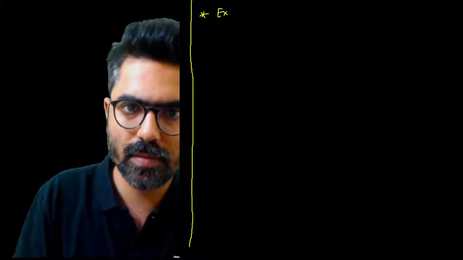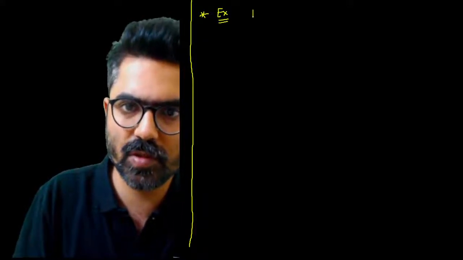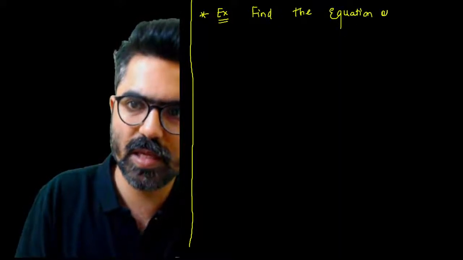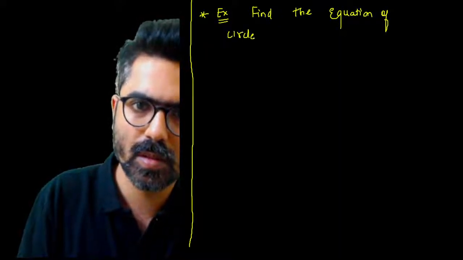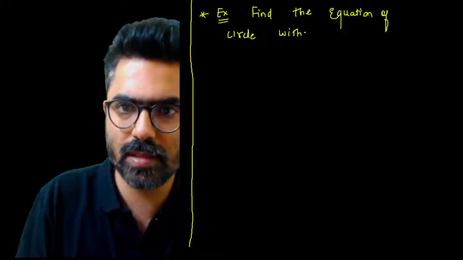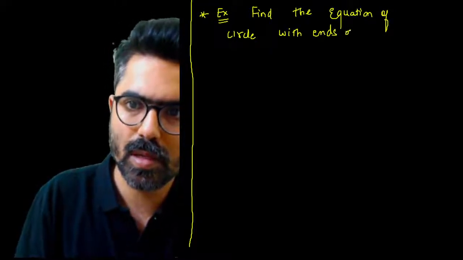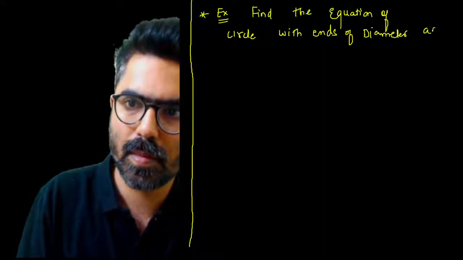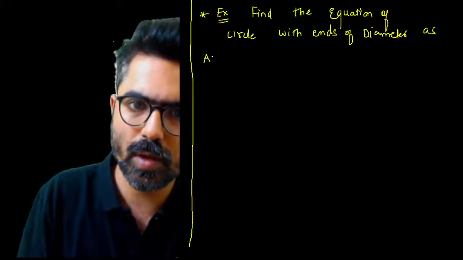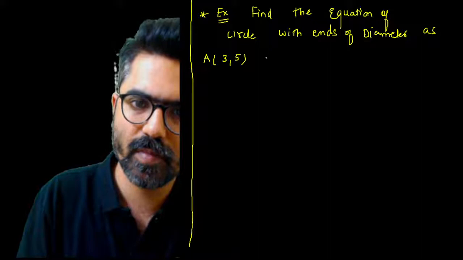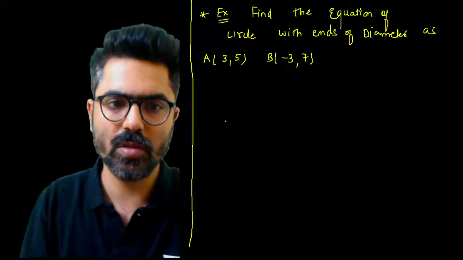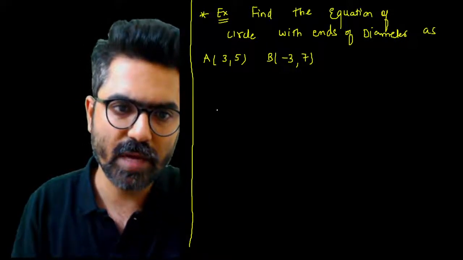Example: find the equation of circle with ends of diameter as point A, 3, 5 and point B, minus 3, 7.